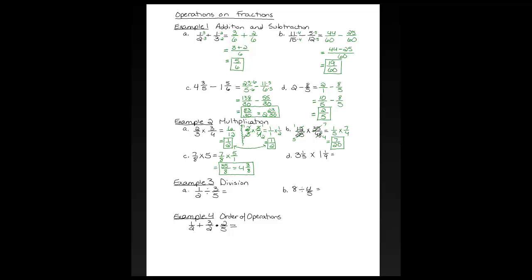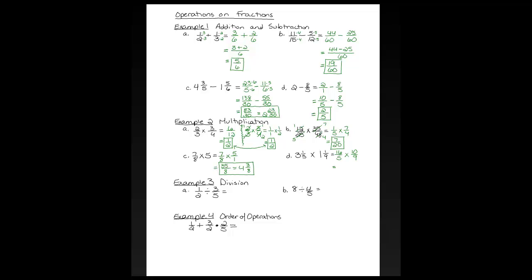Part D, here we have two mixed numbers, so before we multiply them we have to turn them into improper fractions. 3 and 1/5 can be rewritten as 16/5 times 1 and 1/9 can be rewritten as 10/9. And look to see if we can do any simplifying first.